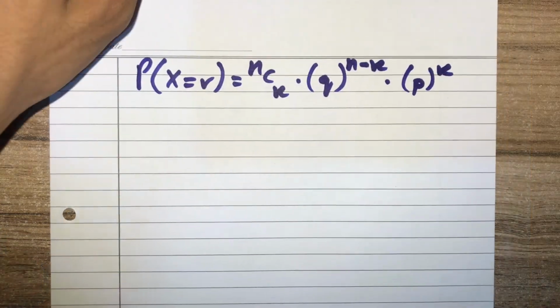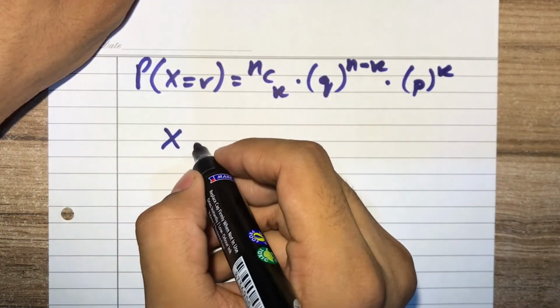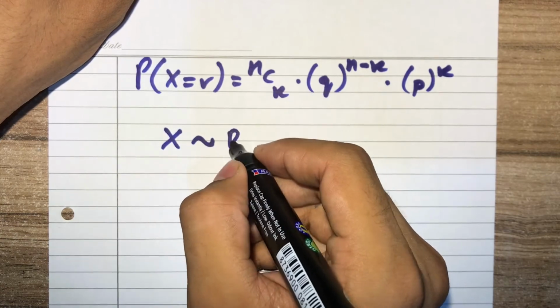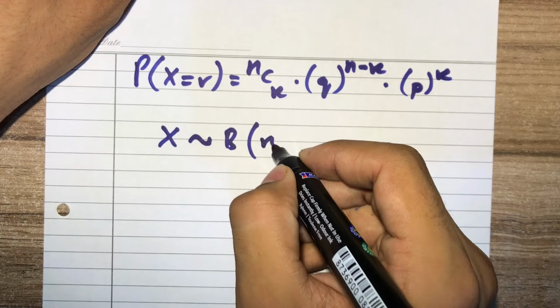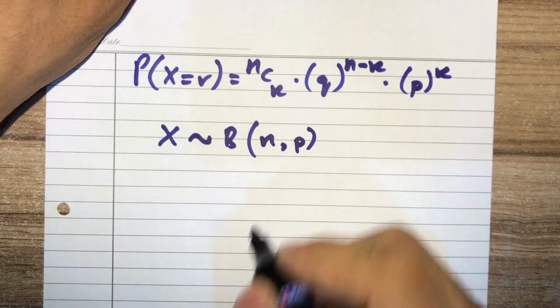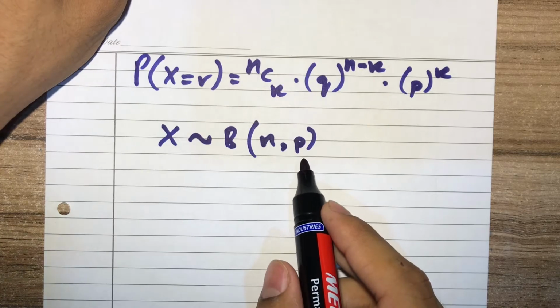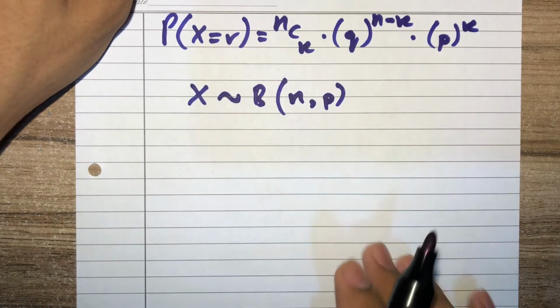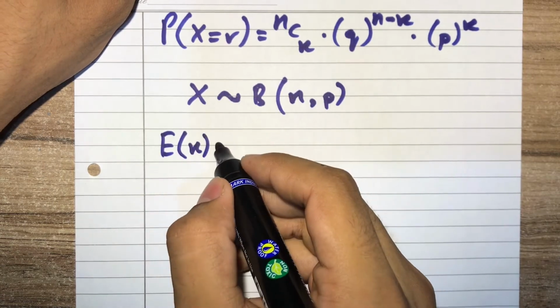So here we have the formula again. Now how do we write this? So we write x follows binomial, x is the data, and the parameters over here are n and p. So n is the number of trials and p is the probability of success. Now what other formulas we have over here? We have the formula for expected value, that is mean.